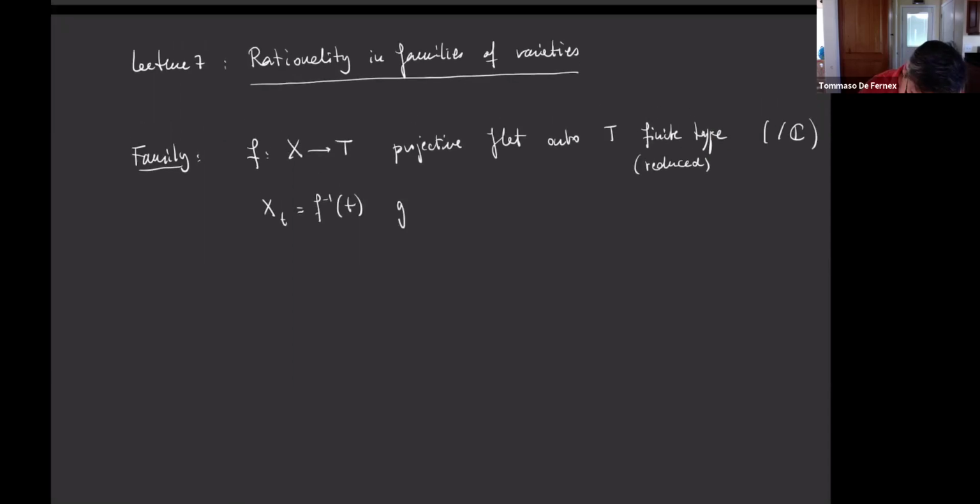So I say geometry. The closed fibers are varieties, and of course that will imply also that the fibers of non-closed points will be the same. So we're interested in looking at the following locus, called the rational locus.